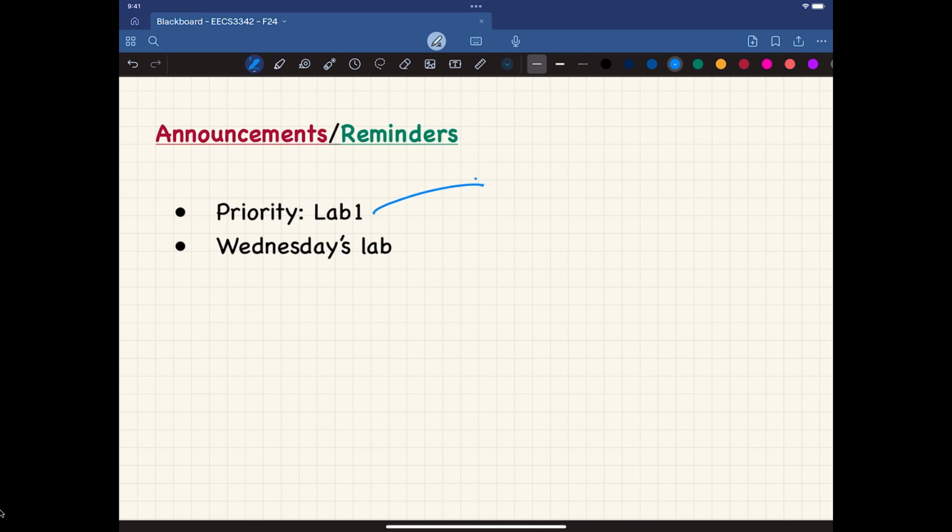Especially, I want to draw your attention to this. If you look back to the instruction for your lab 1, there is a document called Summary of Event B Syntax. Sorry, my pencil does not seem to be connected very well. Let me try it again. Sorry about that. It's called the Summary of Event B Syntax.